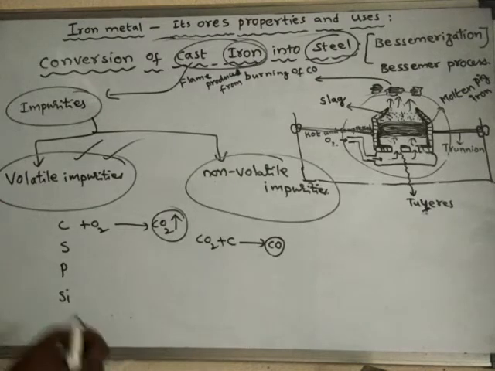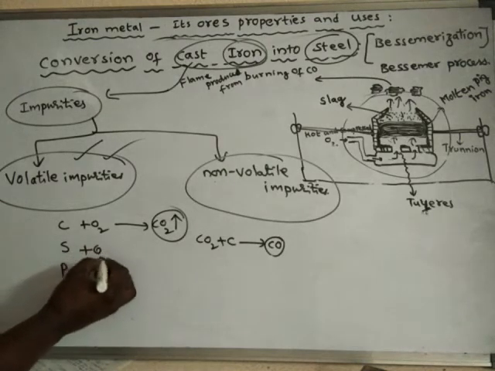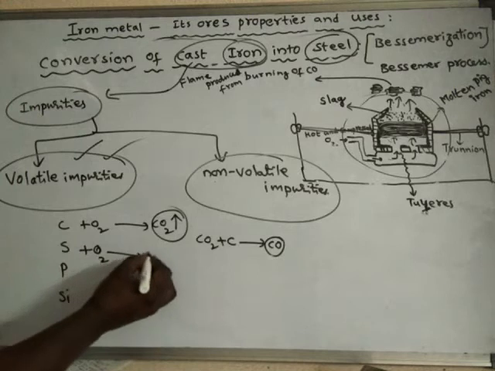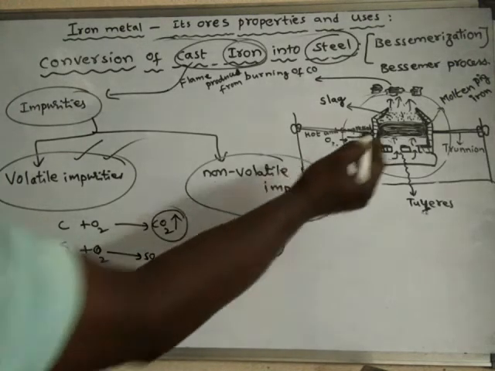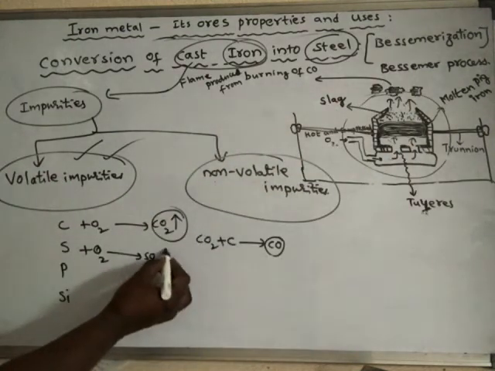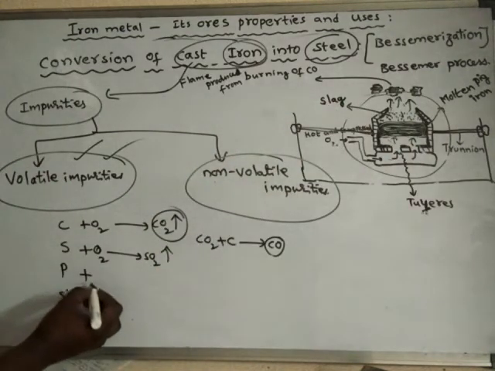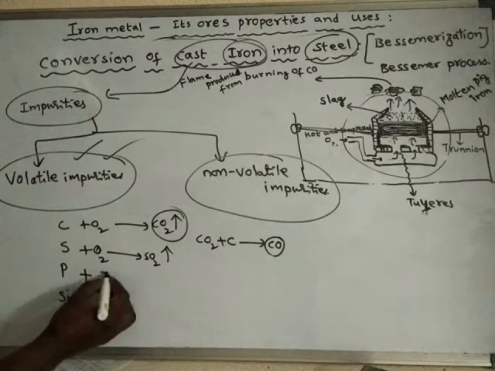Next is sulfur. Sulfur will oxidize or burn into sulfur dioxide gas, and even sulfur dioxide gas will escape through this opening.